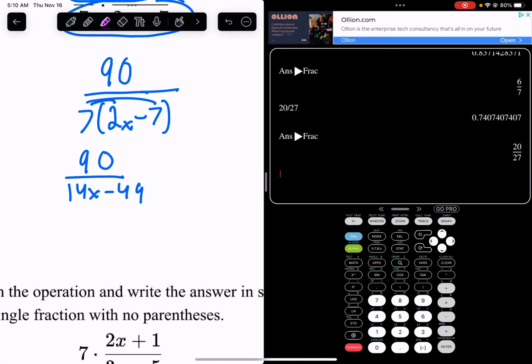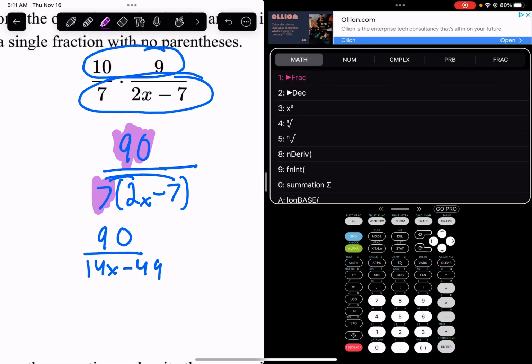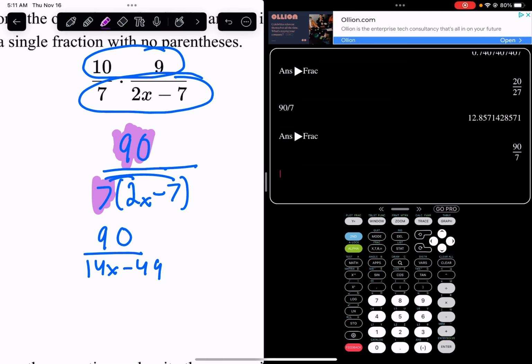I would recommend that before you distribute, you check to see if you can simplify these numbers out in front. 90 divided by 7 does not simplify, so we could just go ahead and distribute that 7, and we are good to go.